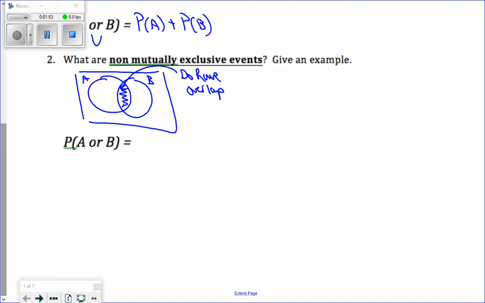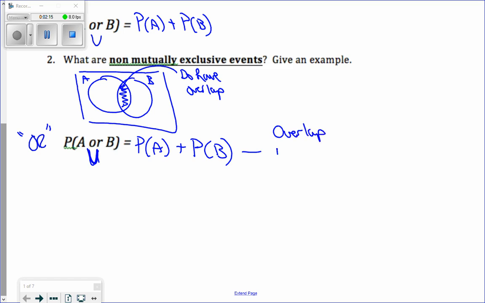So "or" is union. The question will say "or". You start out the same way. You add up your two probabilities, just like you did on mutually exclusive. You add them up, but then you have to subtract off the overlap.